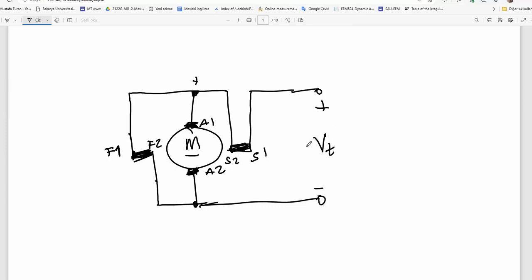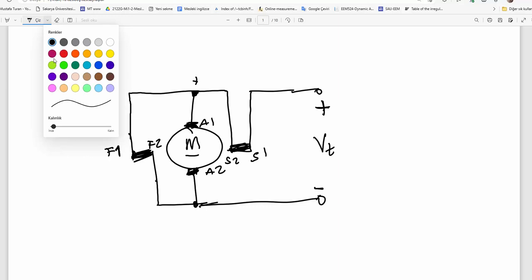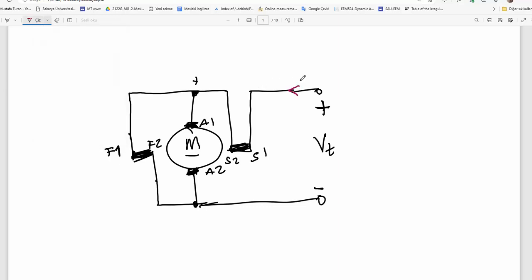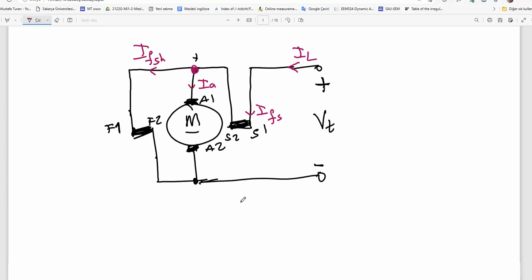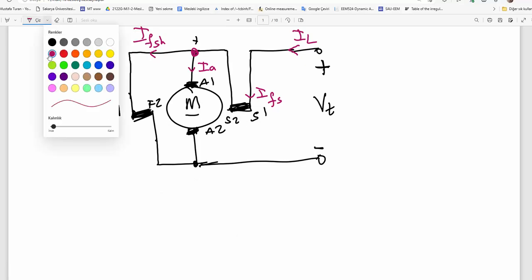I apply some VT here, positive and negative, and here are the currents: I load, I field series, I armature, I field shunt, as you see.